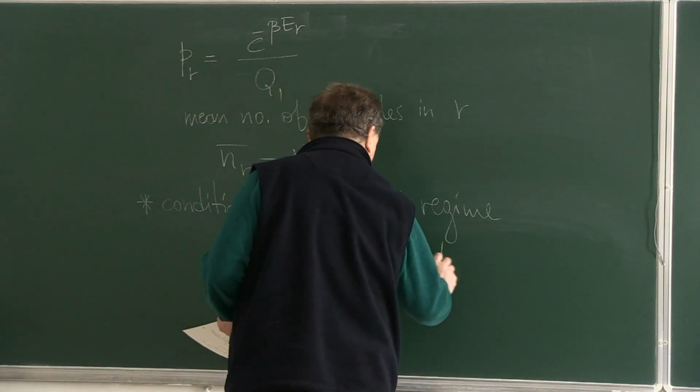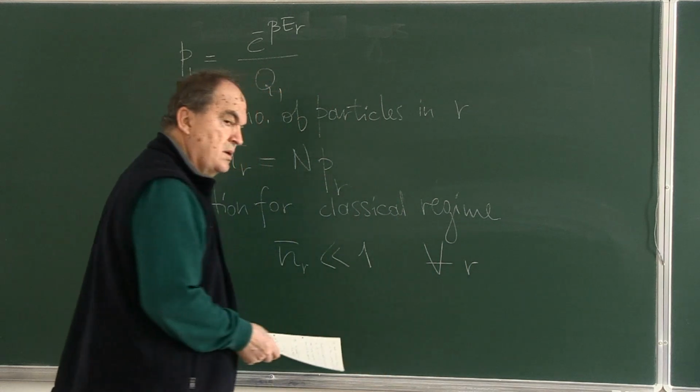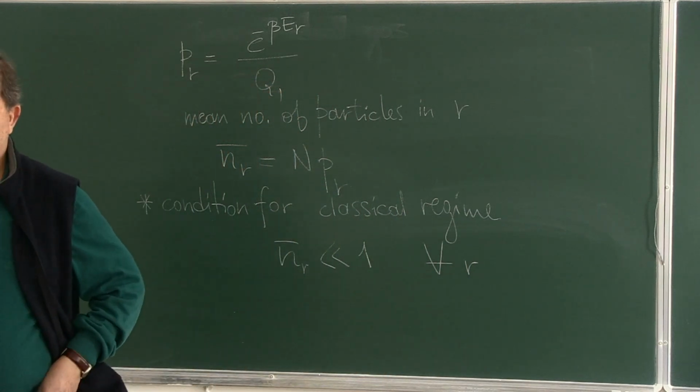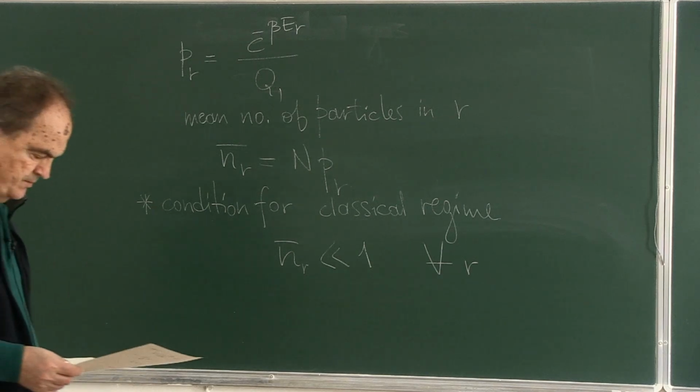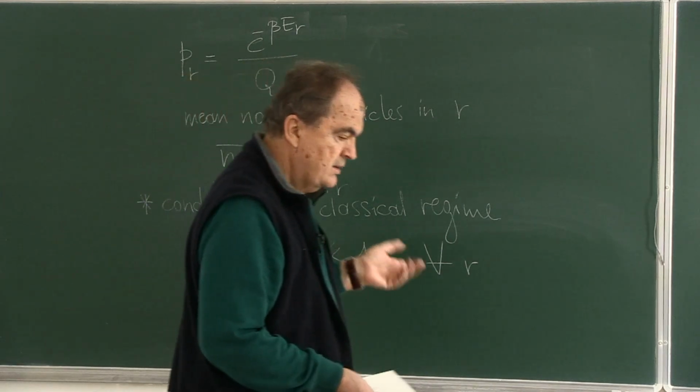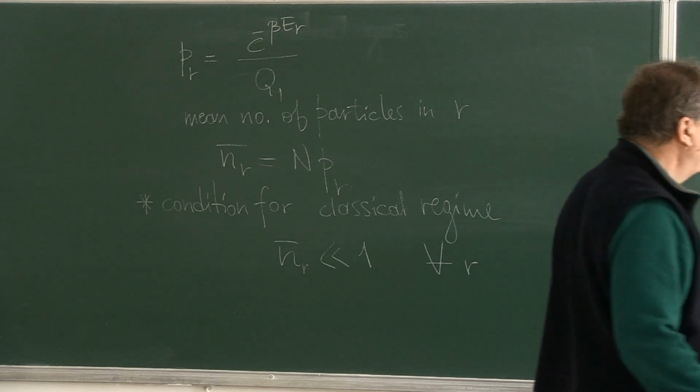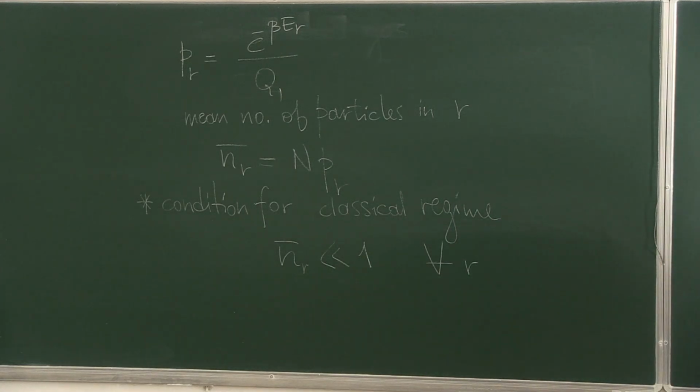And this is for all the states r. If that is the case, we are in the classical regime. Now let's look at this condition and see what is the meaning of this.